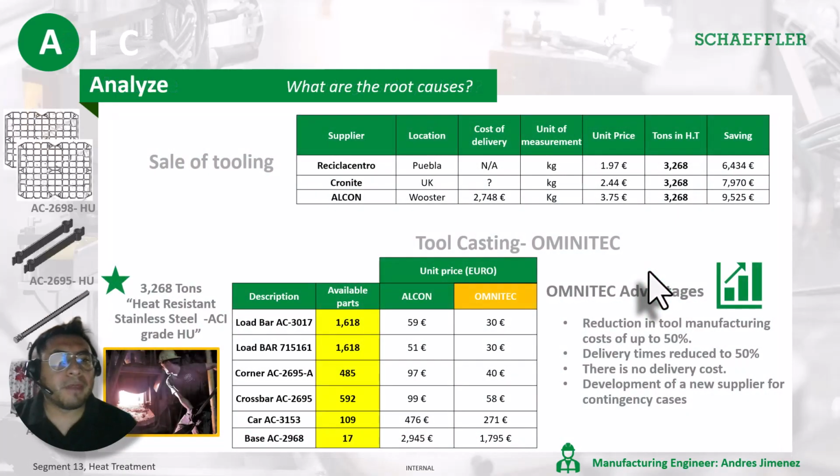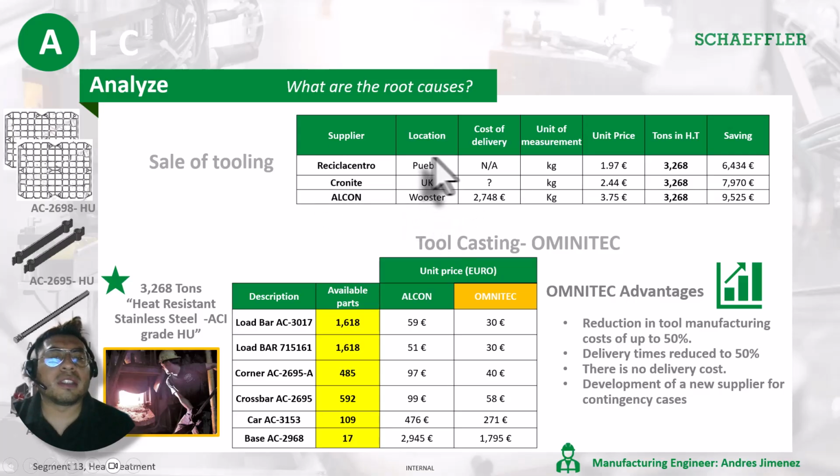Then the next letter is analysis. I remember that in the analysis step we found two solutions. The first solution was to sell the tooling to a supplier, and we found three suppliers with a proposal.